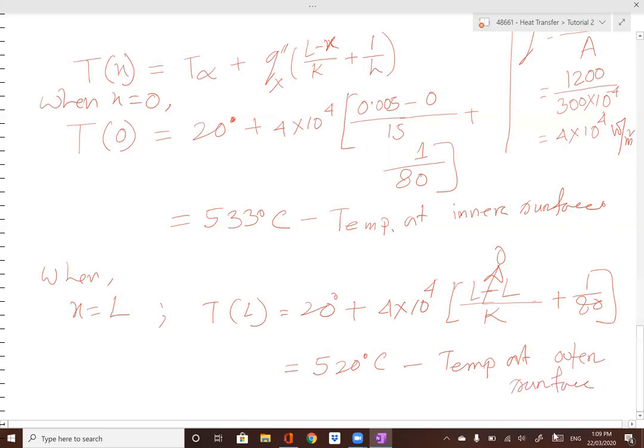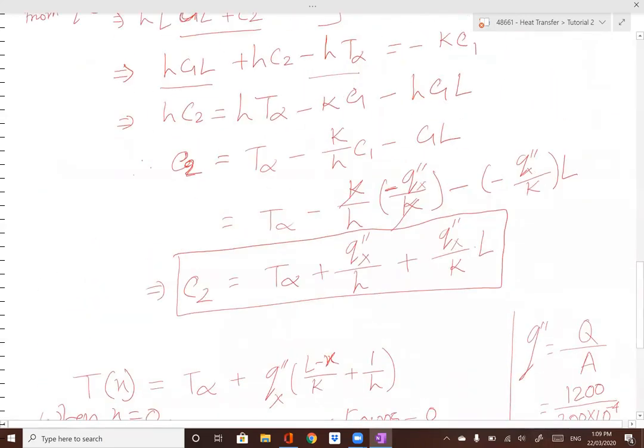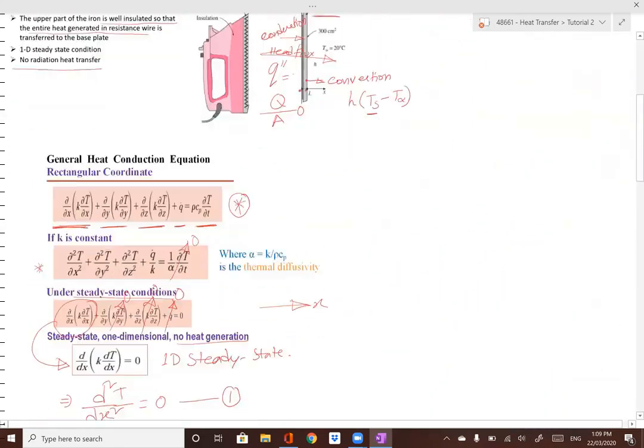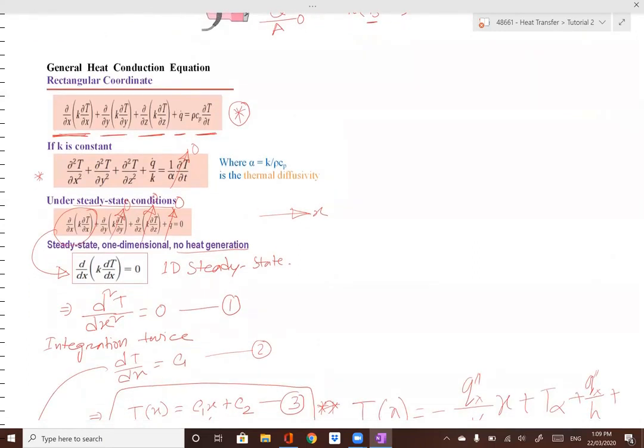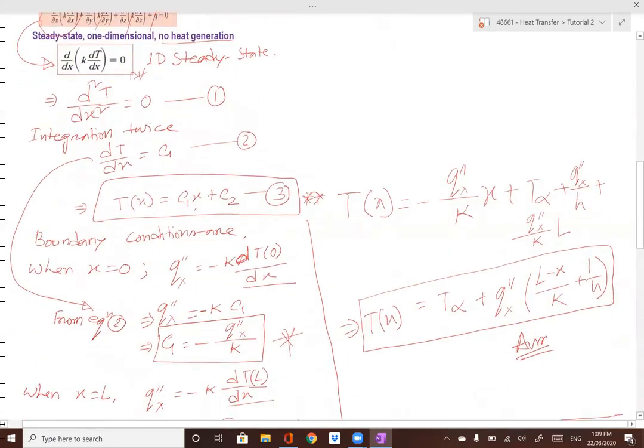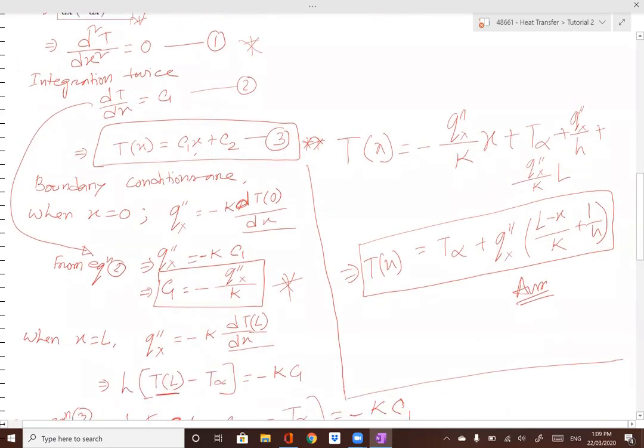Okay, so this was all about our question one. At the beginning, we considered some assumptions, then we selected the general heat conduction equation for steady state, one-dimensional, with no heat generation. Then we integrated twice to find the general solution of this differential equation. There are two integration constants, C1 and C2.